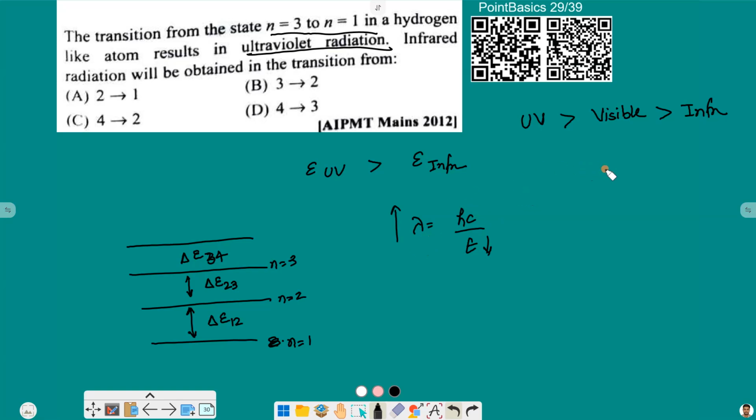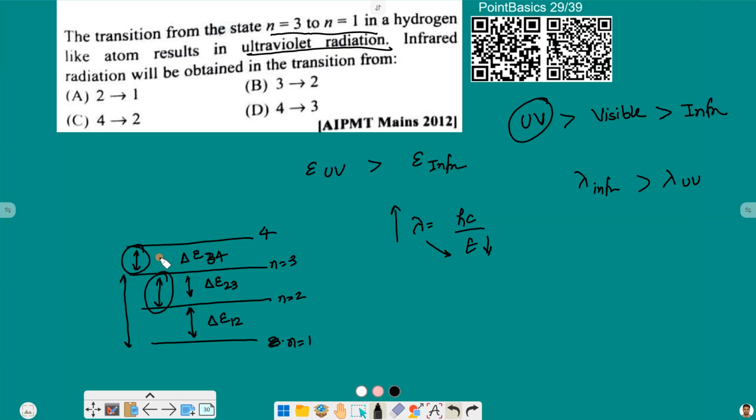And we know that lambda for infrared is greater than lambda for UV. Why? Because the energy of UV is greater than the energy of infrared, and energy and lambda are inversely related to each other. So if the transition between the third and first level gives us UV radiation, then the only possible chances for infrared might be between 2 and 3, and between the fourth and third levels. Now the highest chances will be between the fourth and third.